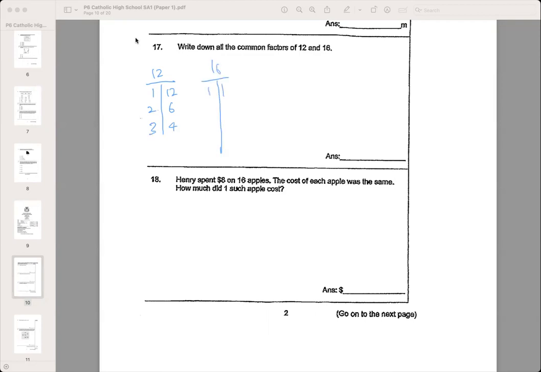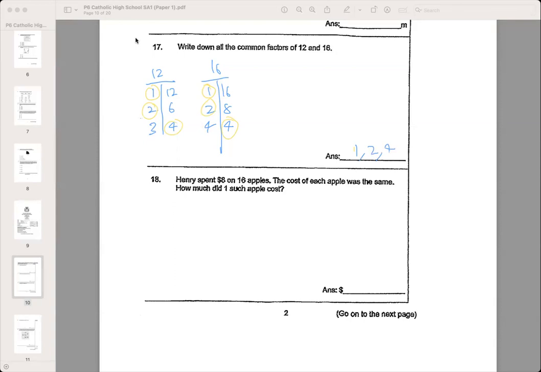For 16: 1 times 16, 2 times 8, 4 times 4. The common factors are 1, 2, and 4. So it's 1, 2, 4. Okay, that's how I record the answer.